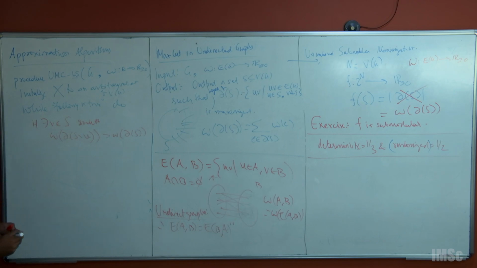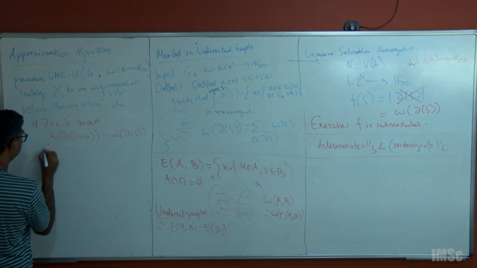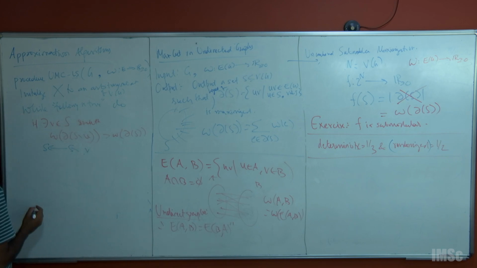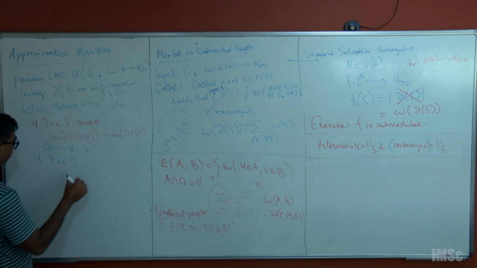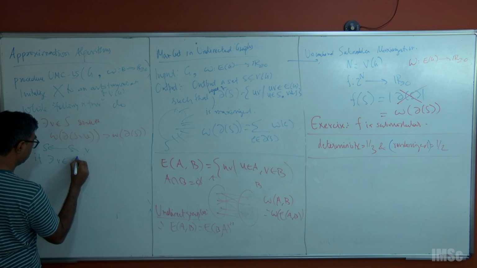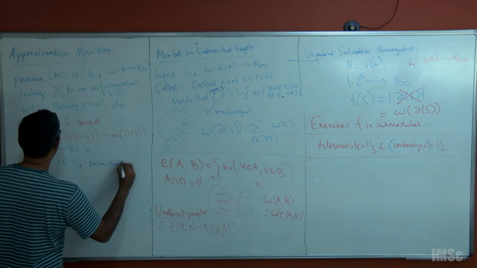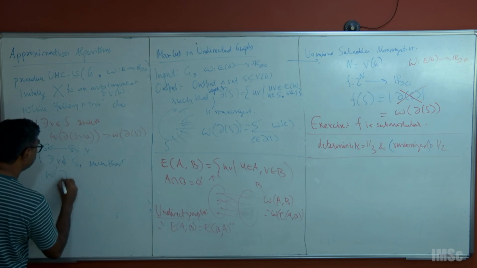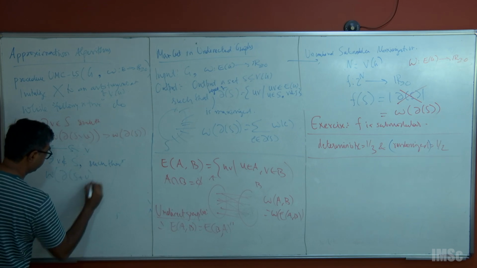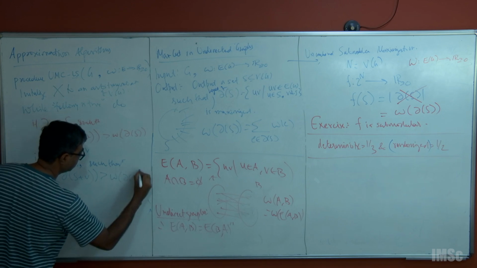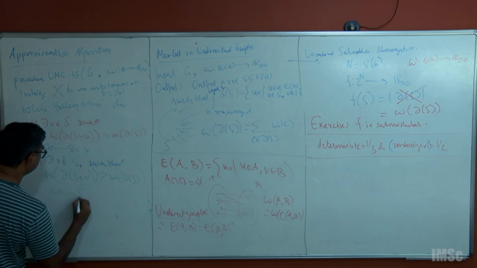So S becomes S minus V. Otherwise, if there exists V not in S, that is in V minus S, such that the weight of delta of S plus V, or S union V, is more than the weight of delta S, what will I do now? S becomes S plus V.